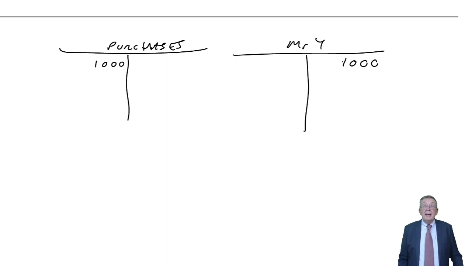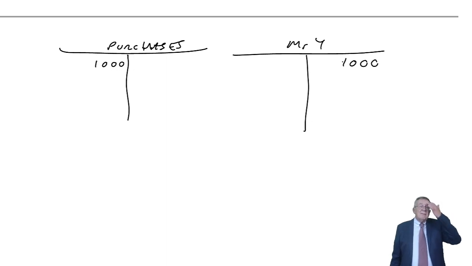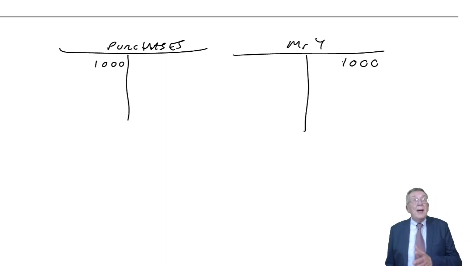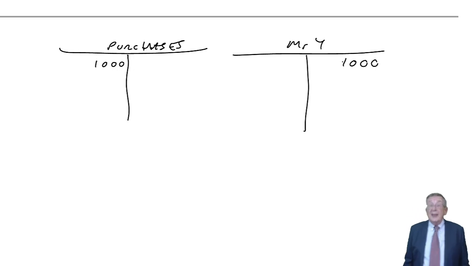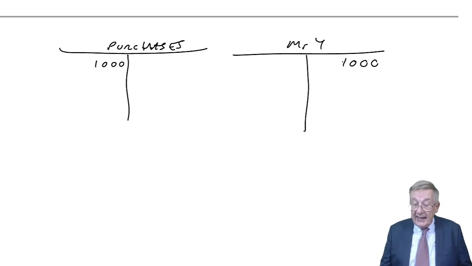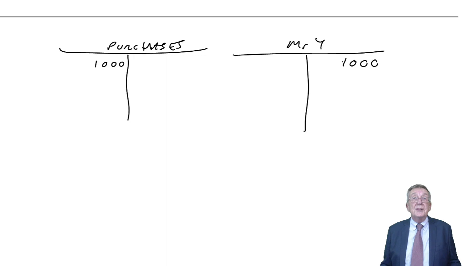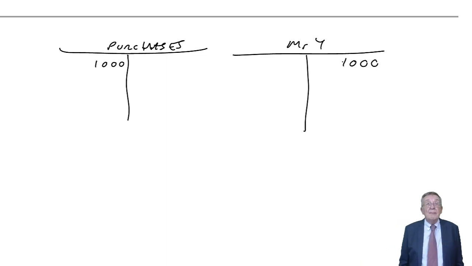So that's the entry when we get the invoice. Now, if we don't pay within the month, we'll pay the full £1,000. Debit cash, credit Mr. Y £1,000. End of story.